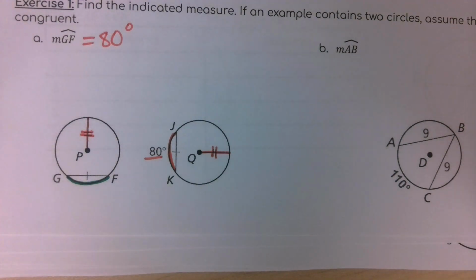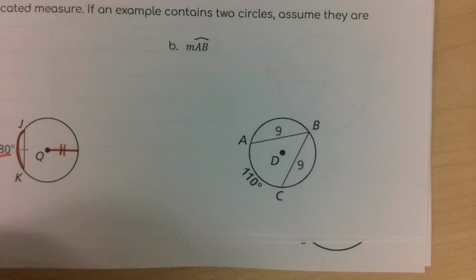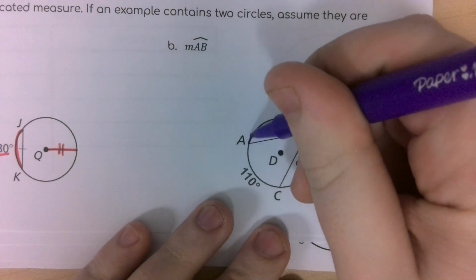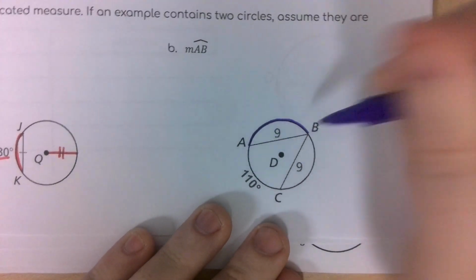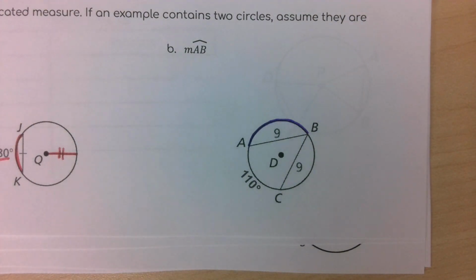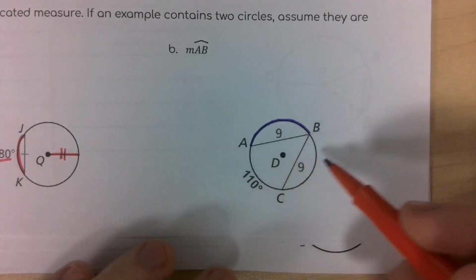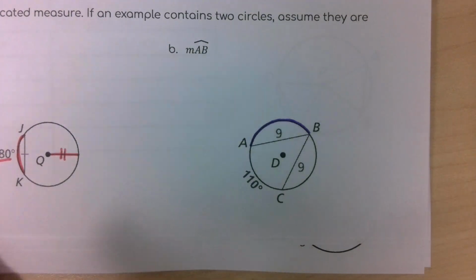Let's take a look at example B. In this one, we're asked to find the measure of arc AB, but there's a problem. We don't really know anything about this arc, right? Okay, well what could we do at the very least? Take a look at the two chords that make up AB and BC.